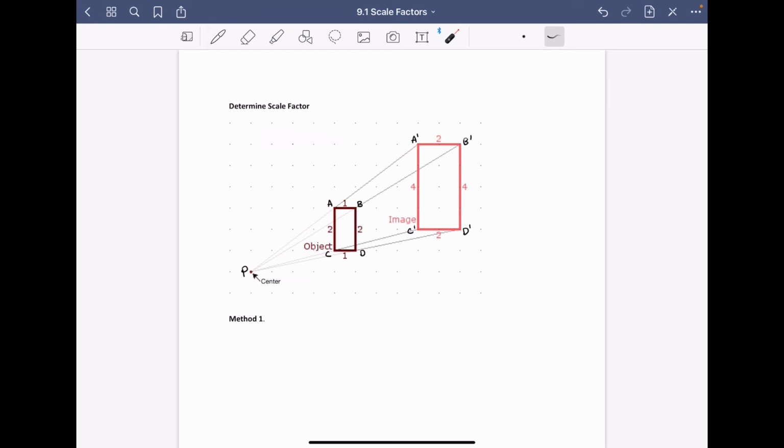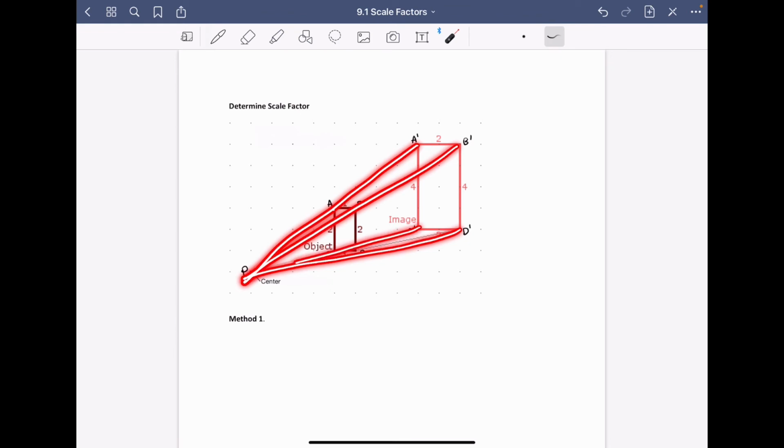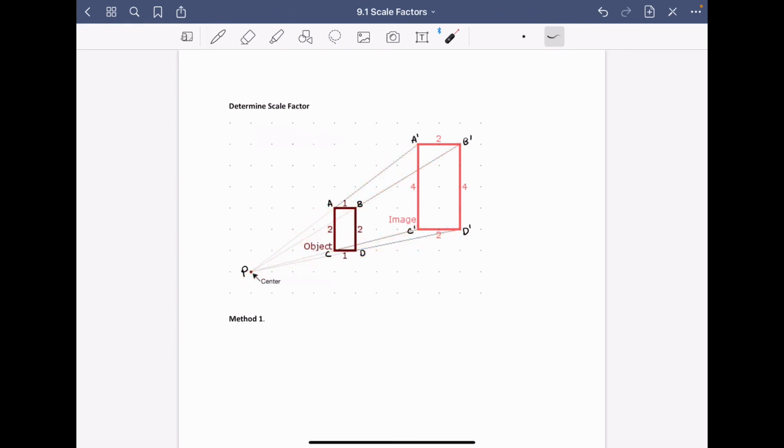So for example, right here I have an object and I have the image. And if I connect the corresponding points on my image and on my object and extend the line, then all of these four vertices will meet at one point. And this point I call P. And this point is called the center.